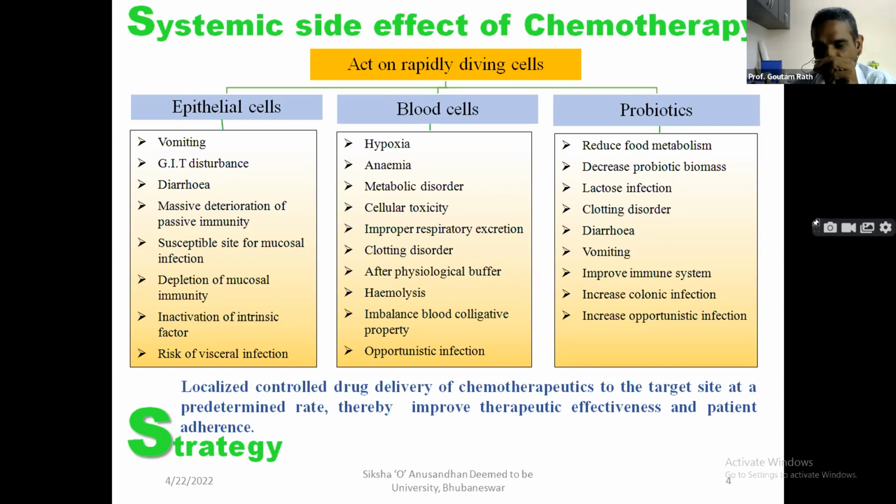So the drug delivery approach, the design, the carrier system has to be changed, isn't it?